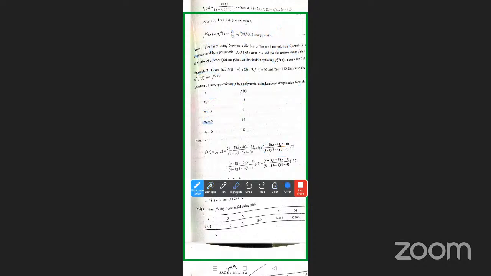So this is x2. We do not consider x2 in the numerator: x minus x naught, x minus x1, x minus x3, divided by. Substitute x2 in the numerator and write it in the denominator: x2 minus x naught, first term, x2 minus x1, second term, x2 minus x3, third term.